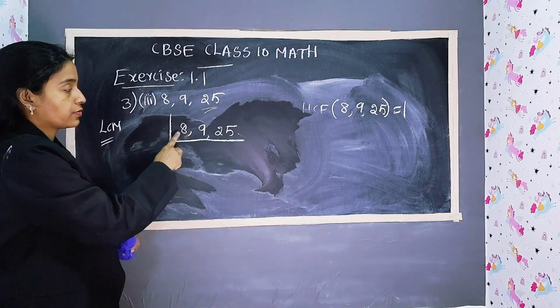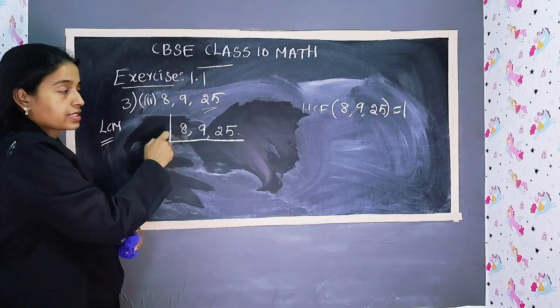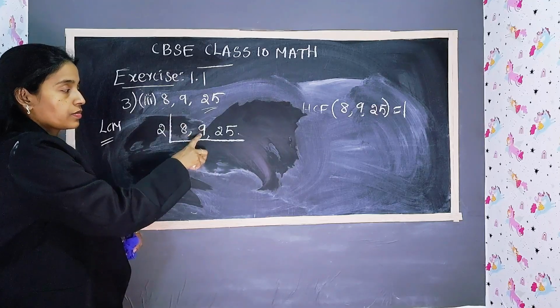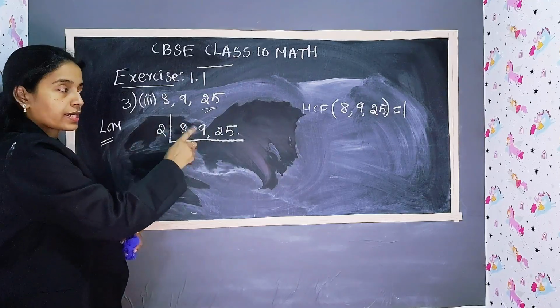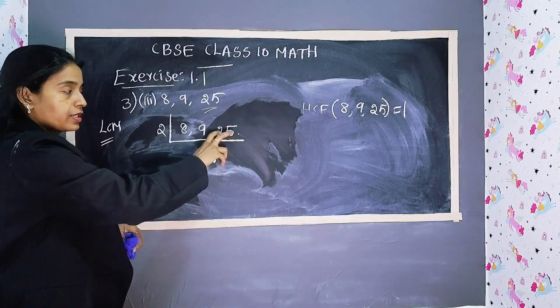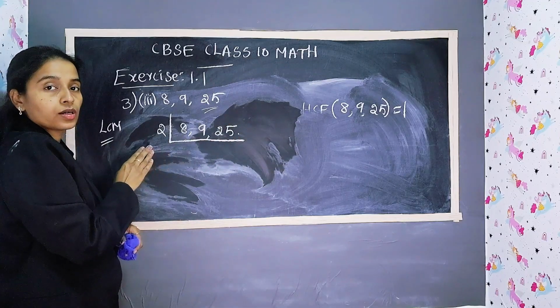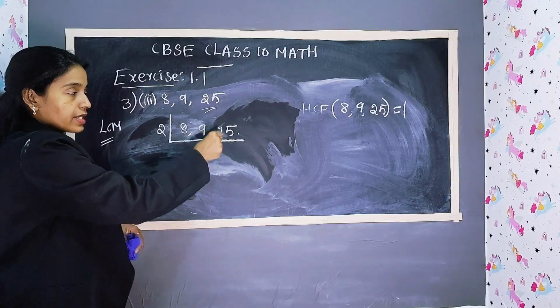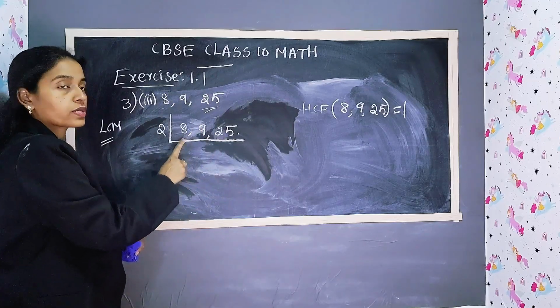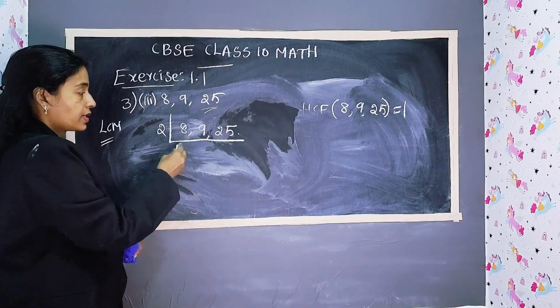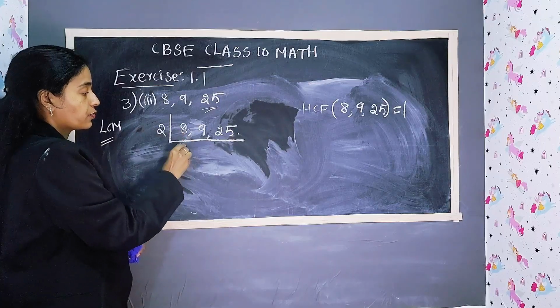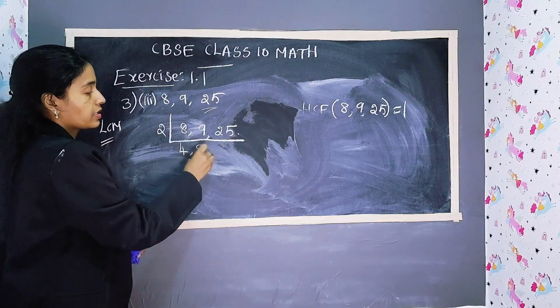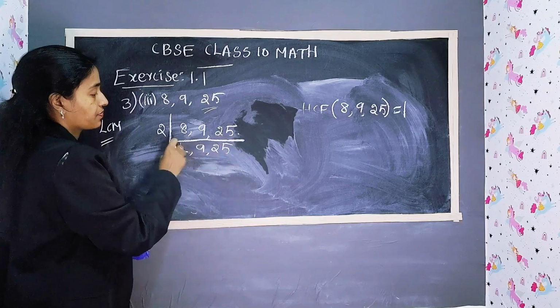So for dividing this 8, I can take 2. We cannot divide 9 by 2 completely. We cannot divide 25 by 2 completely. So I am going to write 9 and 25 as they are. 8 only I can divide, right? So 8 by 2, 4. 4 twos are 8. 9, 25.